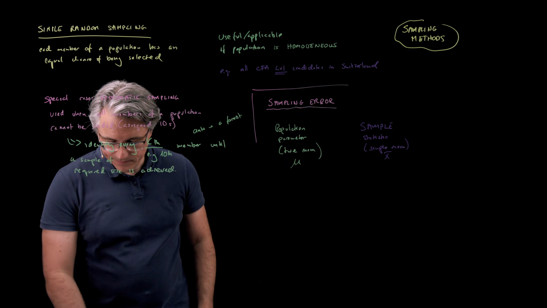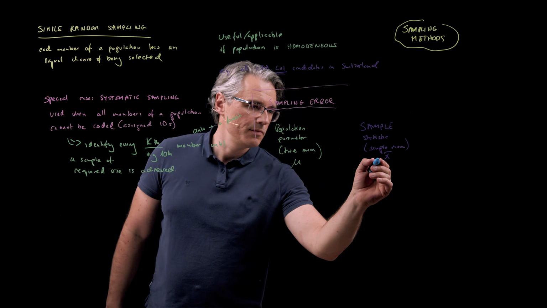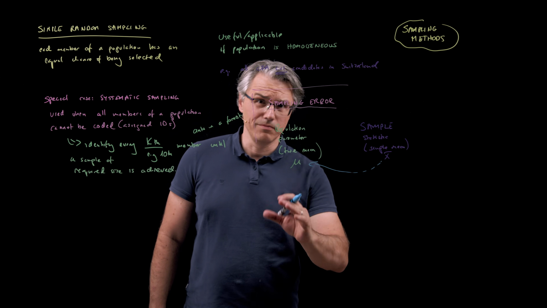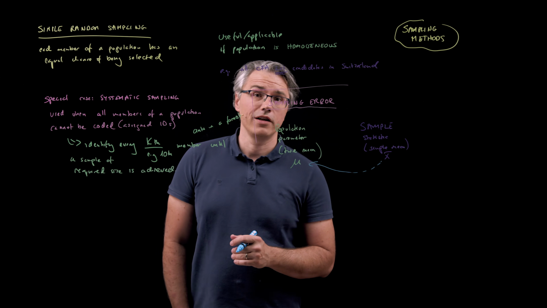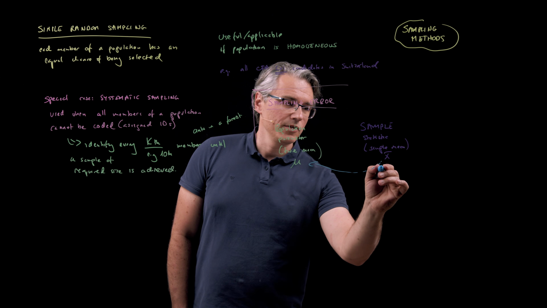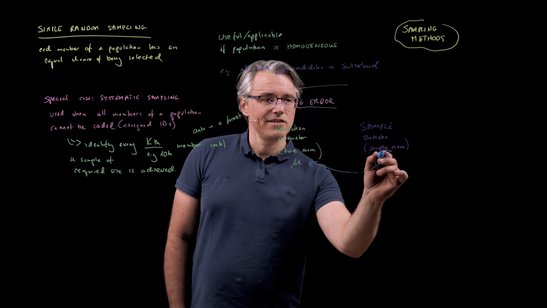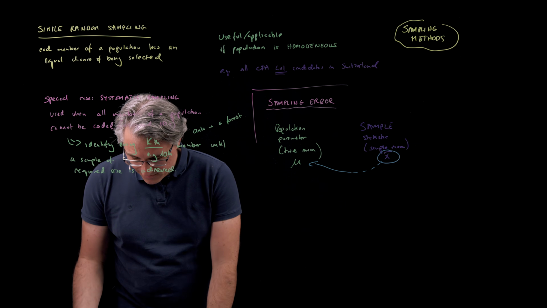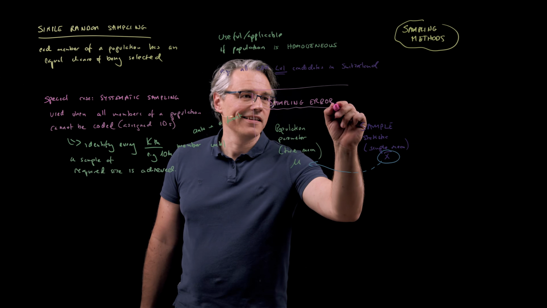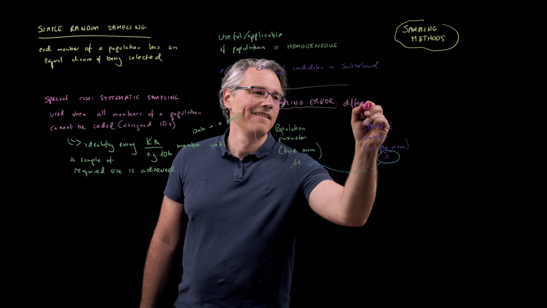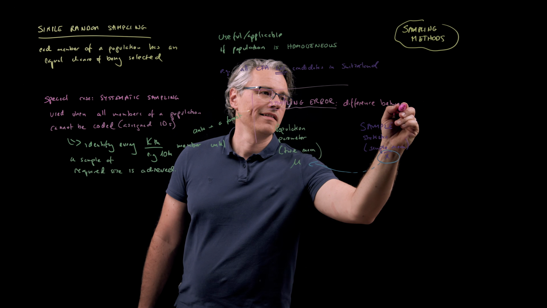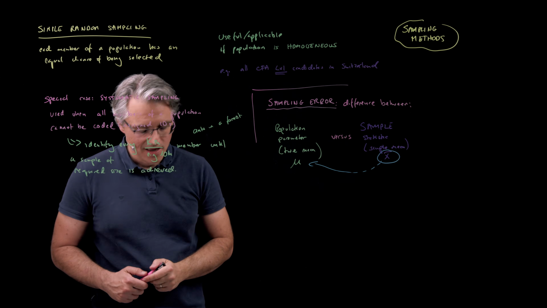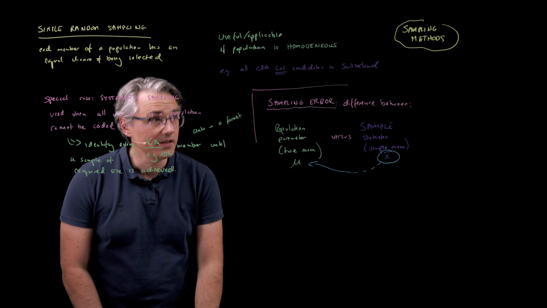The idea behind sampling is that on the basis of the sample mean we try to make inferences about the true value of the parameter. So this is used as an estimate of the true population parameter. But sampling error is that difference between this versus this.